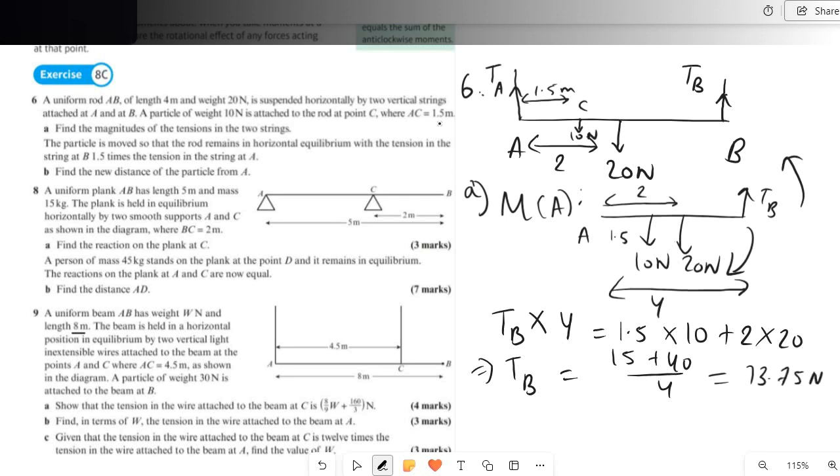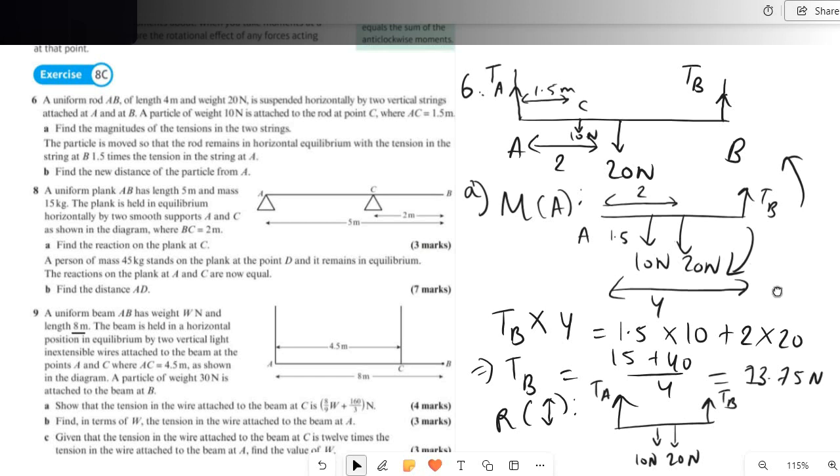13.75 newtons. And to find out the tension at A, we can resolve vertically and say that since there are only 4 forces acting, which is something like this, as the system is in equilibrium, we can say that the total upward force is equal to the total downward force.